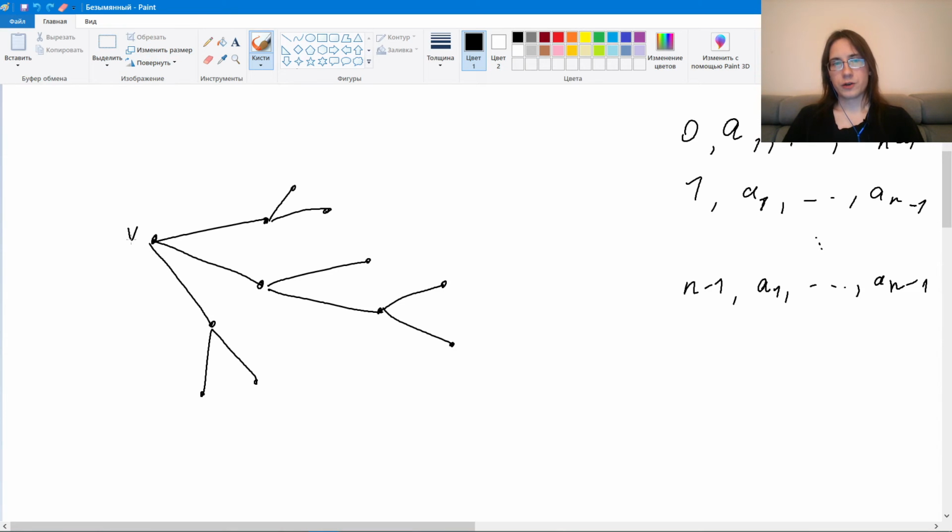So we need to somehow quickly find the set of all distances from V for all possible vertices V. And then check that for the given V, the set that we get is one of those n possible allowed sets. Of course, to quickly compare if this set is one of the n allowed sets, we can use hashes. And this is a very good idea to use hashes in this problem.